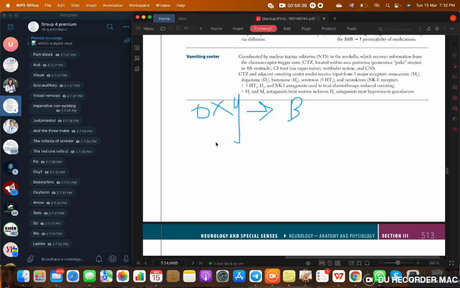Okay, so what about when somebody is madly in love, especially in the beginning of love, and he sees that person and he has this butterfly effect inside of his abdomen? What is that? The butterfly effect inside of the abdomen. What is it caused by?